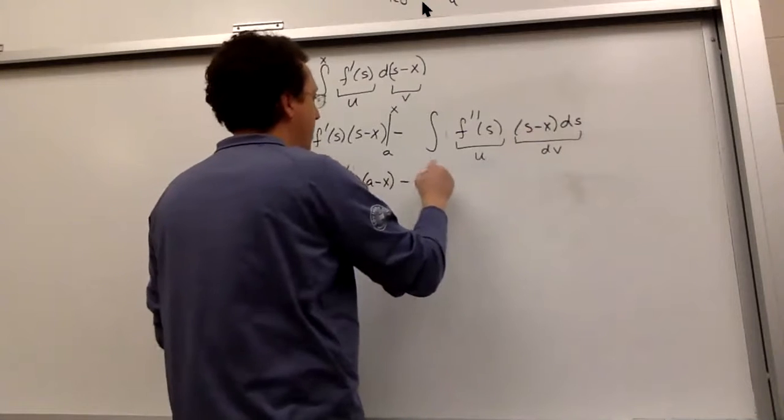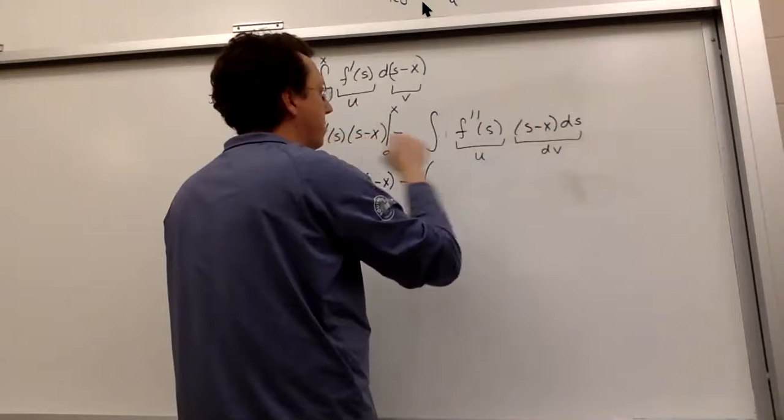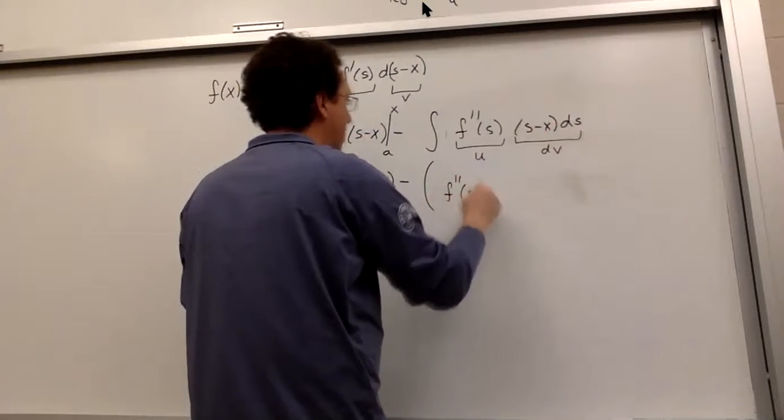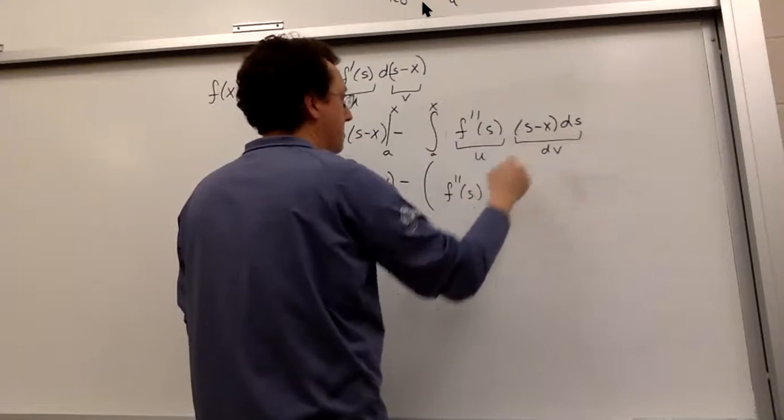So I'm going to minus. Now I have to write this whole integral. This whole integral is going to be u, integrated between a and x, times v.